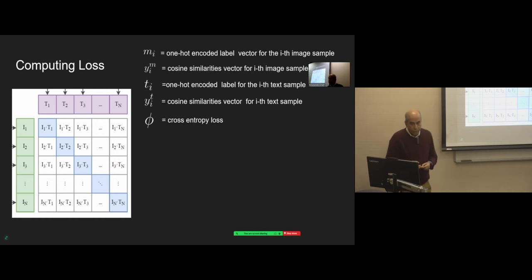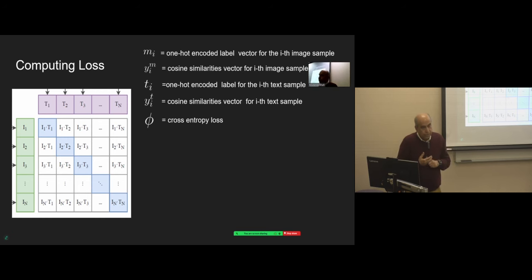Okay, so these are distributions, right? That's one-hot encoded as a distribution. And this cosine similarity distribution has numbers from 0 to 1, like probabilities. Now, if you want to find the similarity of two probability distributions, you look at the cross entropy.